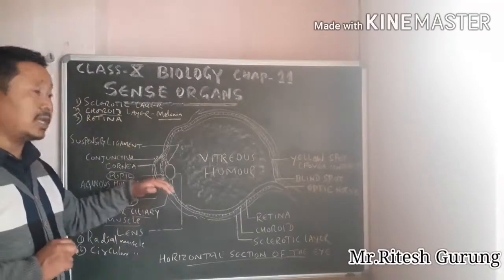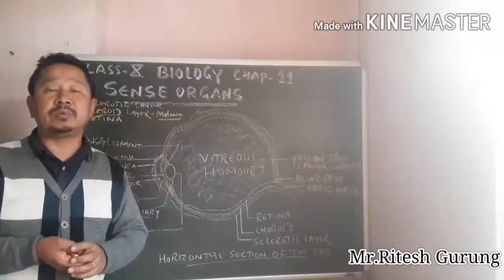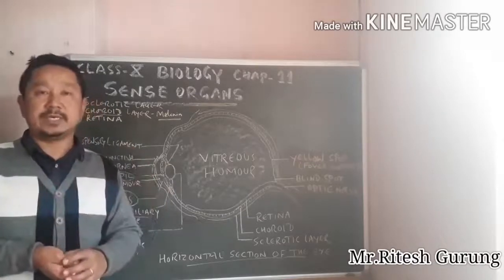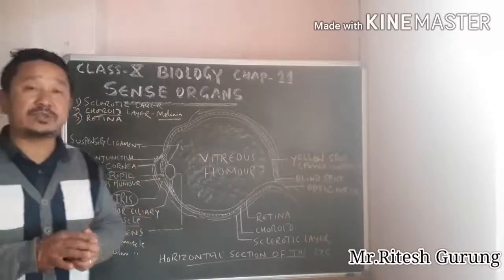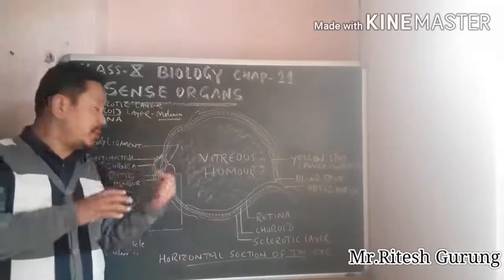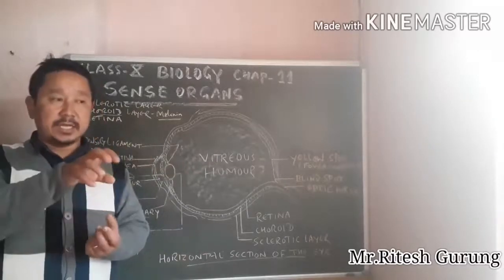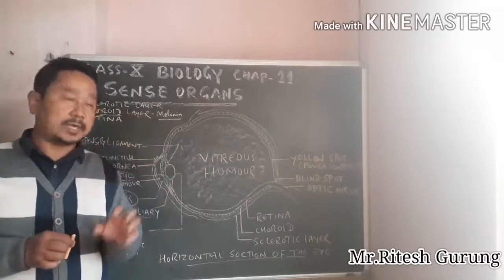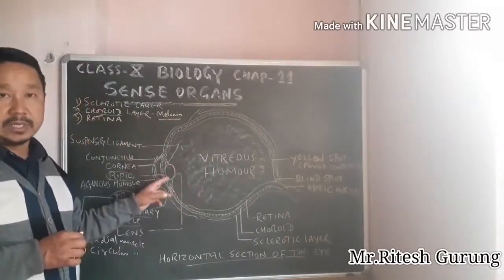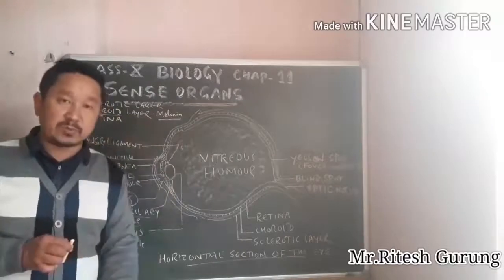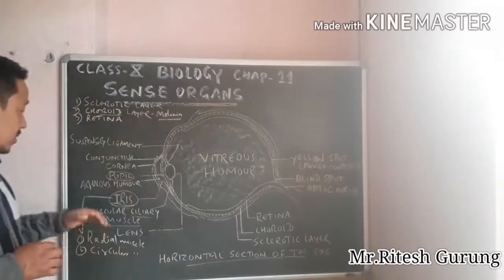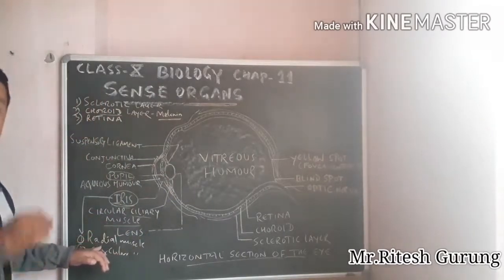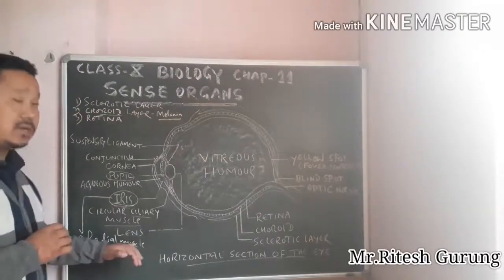That means when you are in dim light or in a dark region, your pupil has to dilate so that a larger amount of light enters the eyes through the pupil. So this dilation of the pupil takes place under the control of the radial muscle.